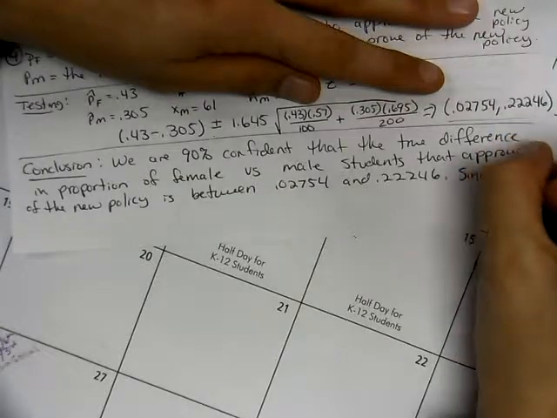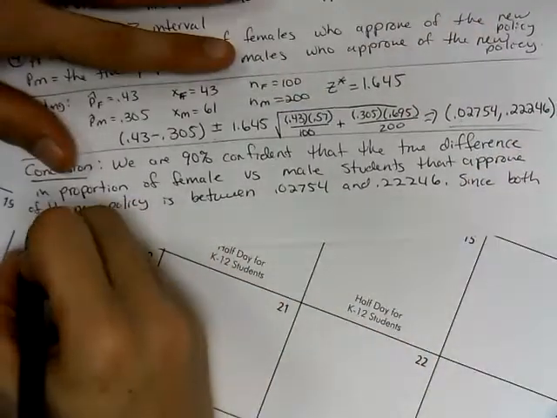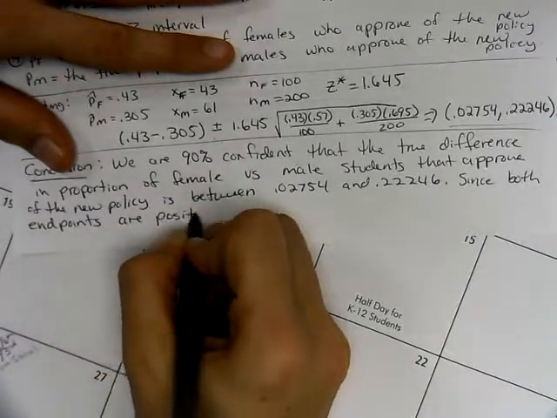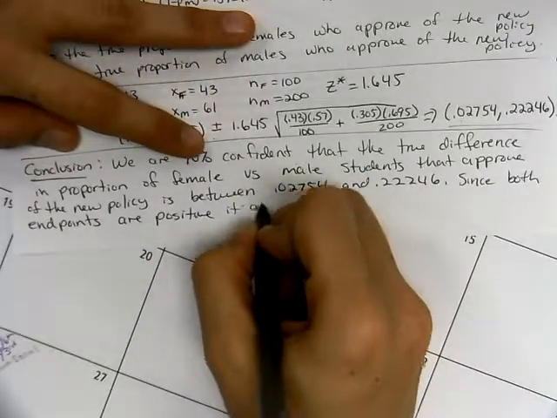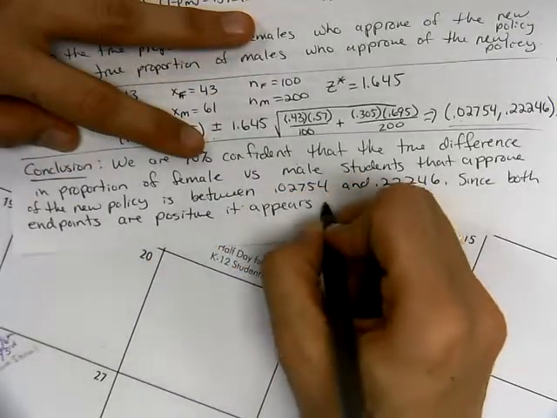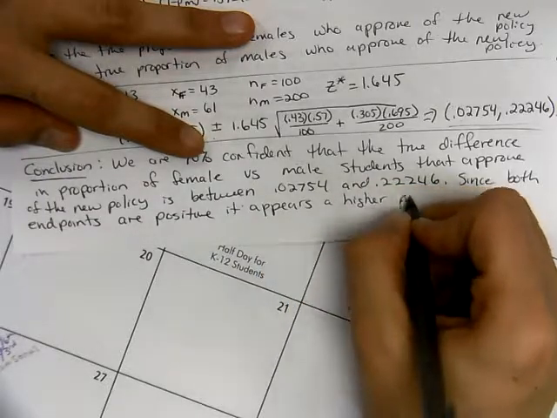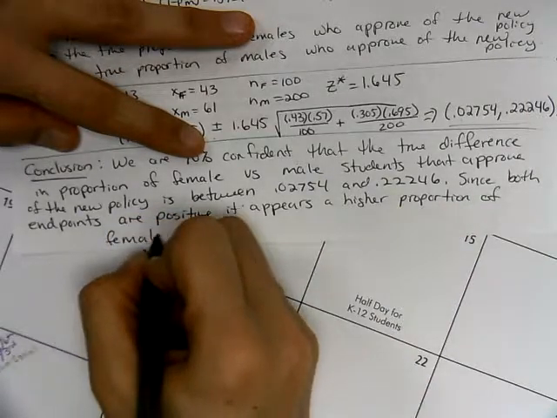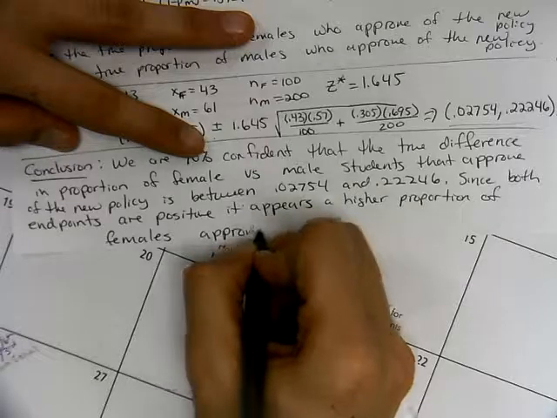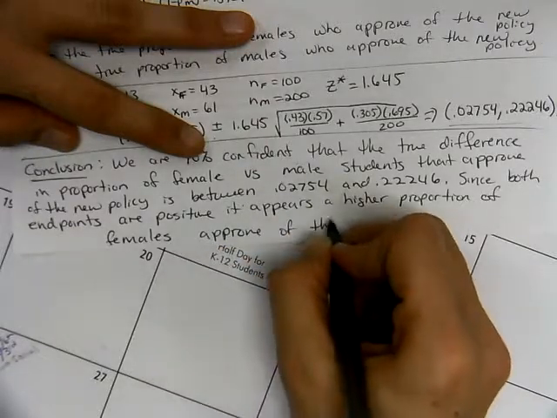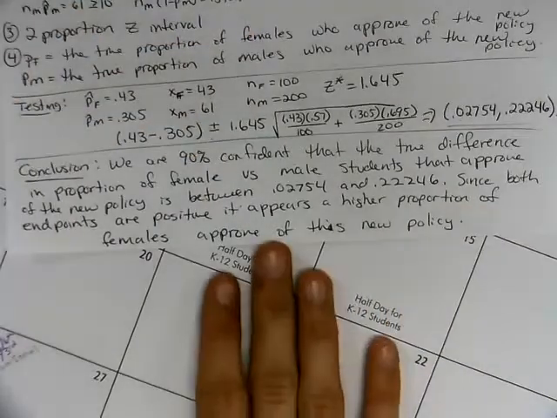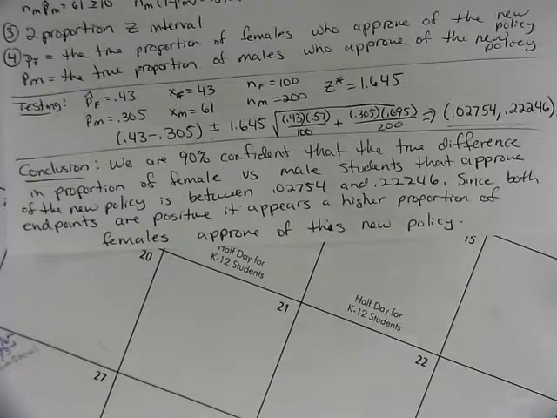So since both endpoints are positive, it appears a higher proportion of females approve of this new policy. Okay, so remember, with confidence intervals, you always want to give that second sentence that talks about the interval. What does it really mean?